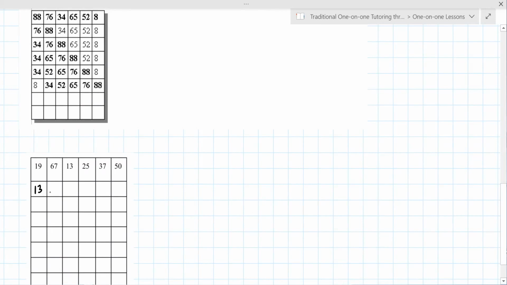I guess it would be 13, 19, 67, then 25, 37, and 50, because the 13 needs to go in front. Normally it would just switch with the 67, the old way of doing it, but now that doesn't work. So now 25 is lower than 67, so it would know to put it there in the previous position, because it's between the other ones. And then this one would know.